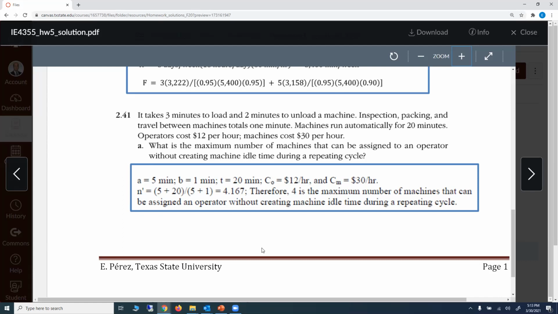If you assign 4, this operator will probably have some idle time associated with it, because that 0.16 is telling you that you can assign more machines to the operator.